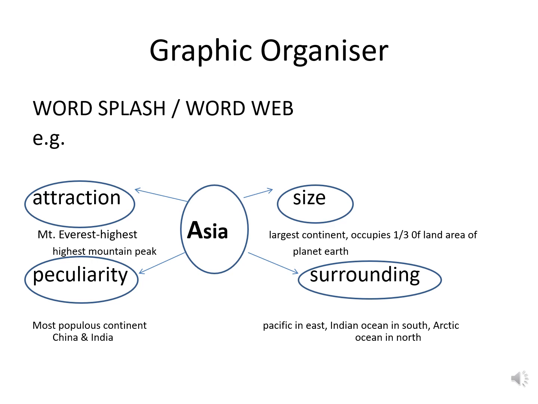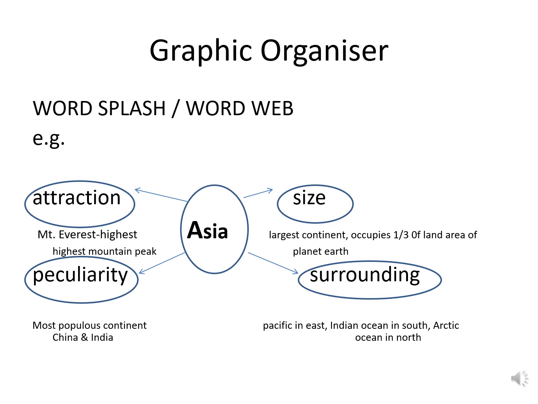The third point you can write is on its surroundings, meaning what type of geographical landforms surround it. Asia is surrounded by the Pacific Ocean on its east, Indian Ocean to its south, and Arctic Ocean to the north.